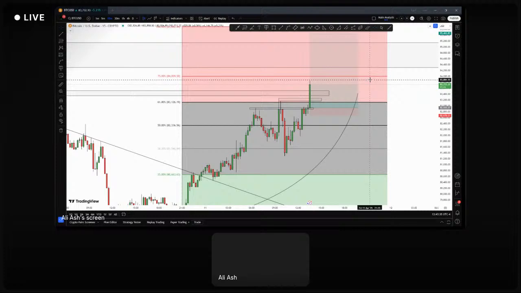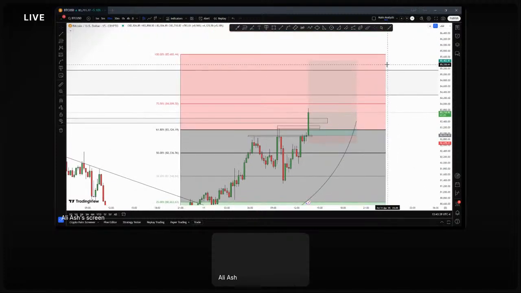The major TP can be done here, so you can go for 60%, even 70% here, and the last one can be done here.